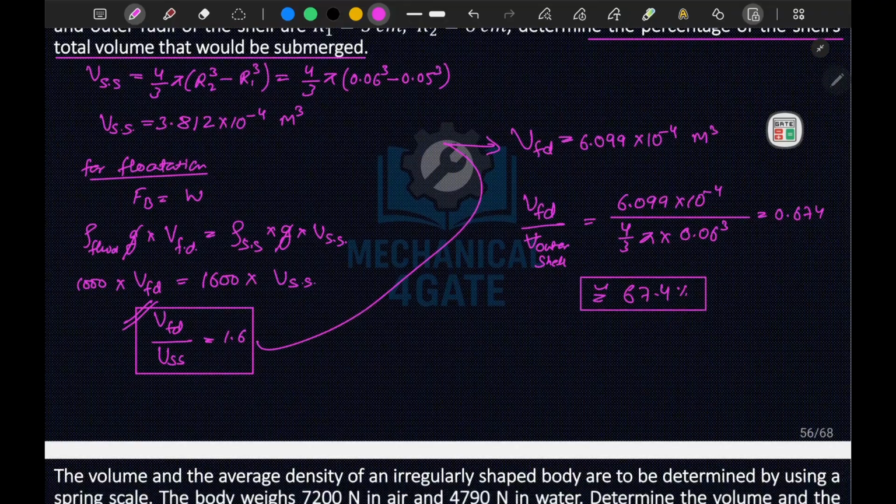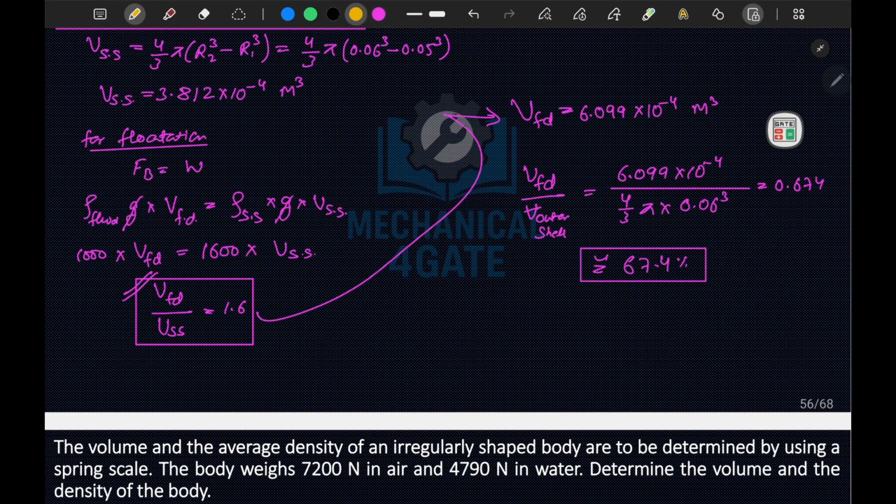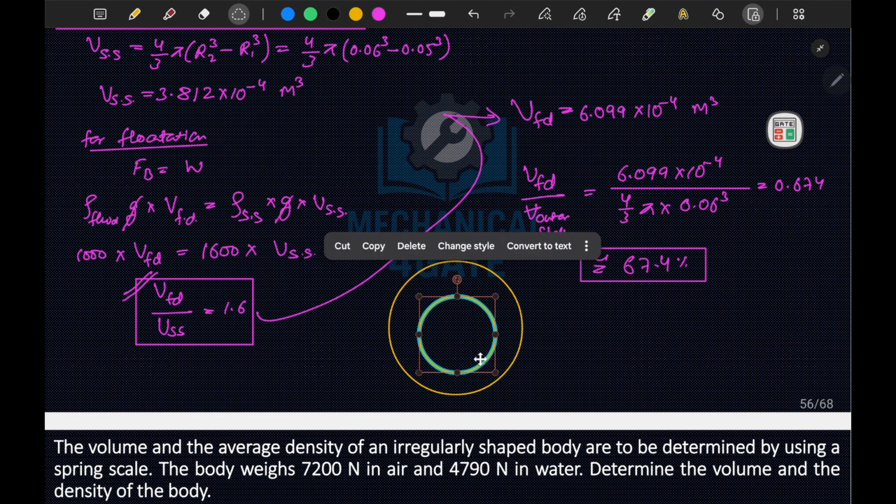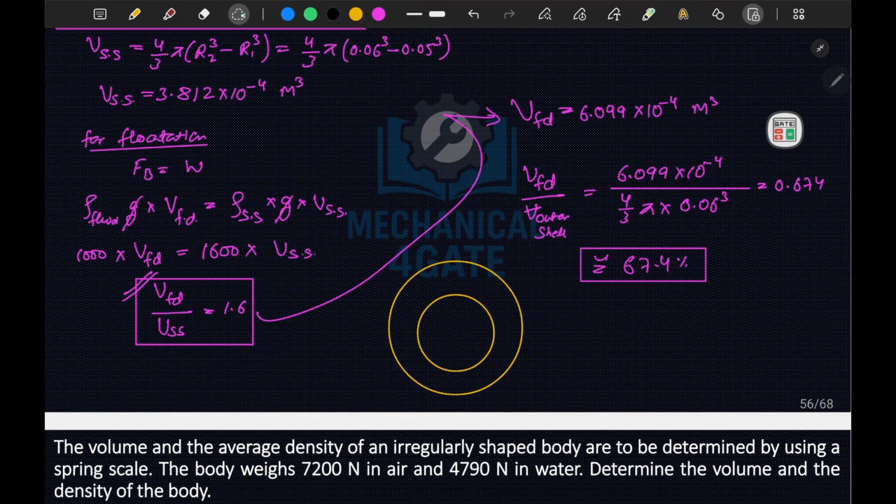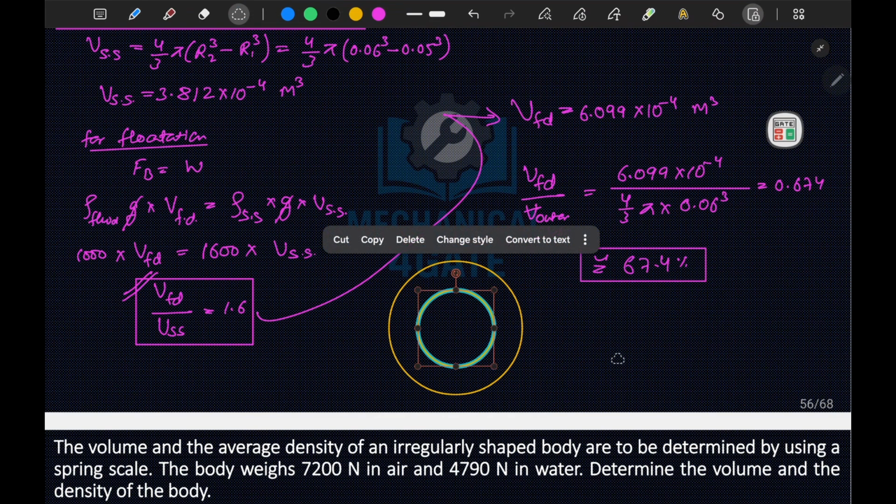So it means that if this is your shell, with outer radius equal to 0.06 and inner radius equal to 0.05, then 67% of the volume is submerged. Let's move it into the middle.